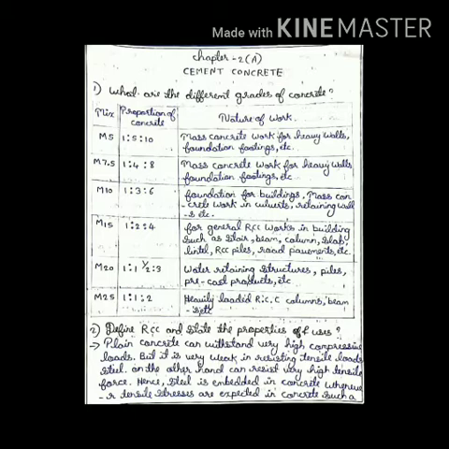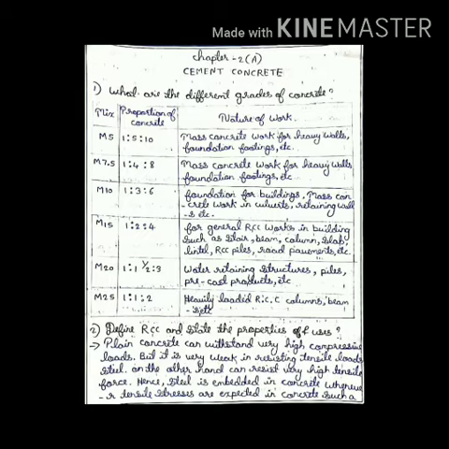Second question is define RCC and state the properties and uses of RCC. RCC means reinforced cement concrete. Plain concrete, we already know, withstands only high compressive load, but plain concrete is weak in resisting tensile loads.